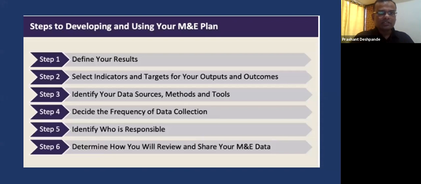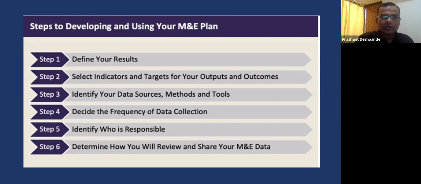So what results the program will achieve. Whatever M&E plan we are developing, we have to define the goals, outputs, and outcomes. Step two is to select the indicators and targets based on outputs and outcomes. Step three is to identify the data sources, methods and tools.